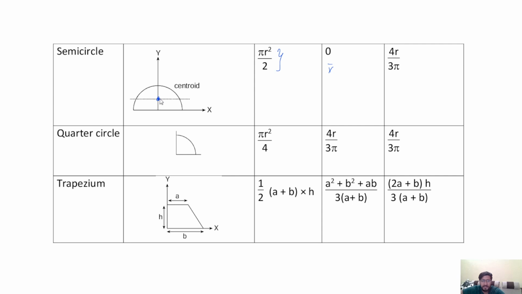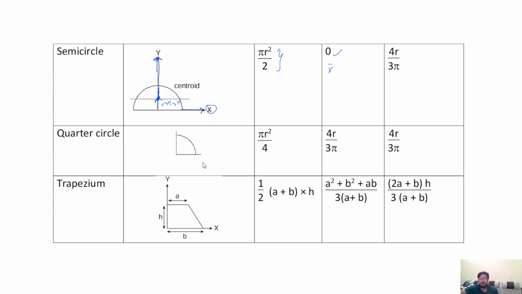That means the reference y axis lies at the centroid, that means the centroidal y axis lies at this point, so the distance from the reference y axis is 0, and if we consider the x axis at the bottom, y bar is the distance from the reference x axis, that means 4r by 3 pi.